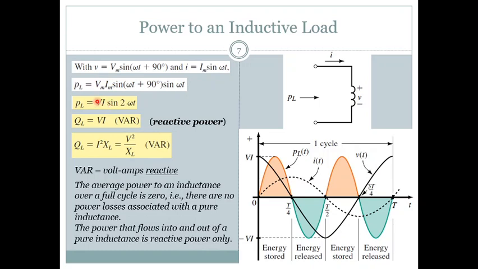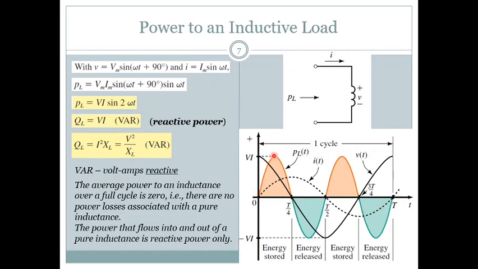So it is Vrms Irms sin 2 omega t, because sin(omega t plus 90) is cos omega t, and cos omega t times sin omega t is sin 2 omega t by 2, right? Therefore, as you can see here, the average of this is 0, and that means this is completely reactive power, fully reactive.